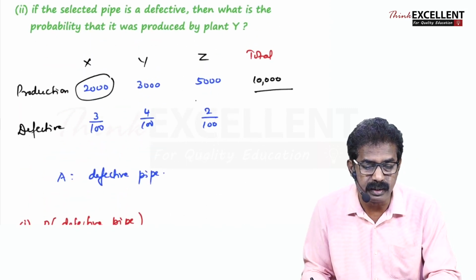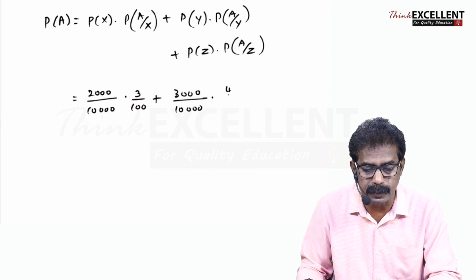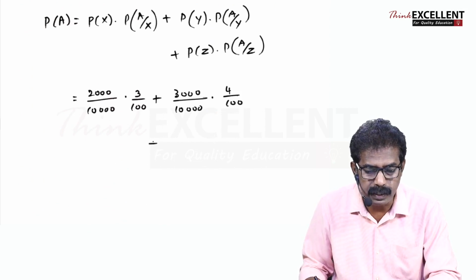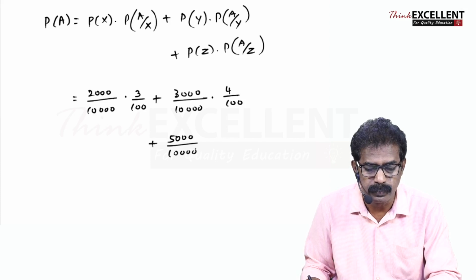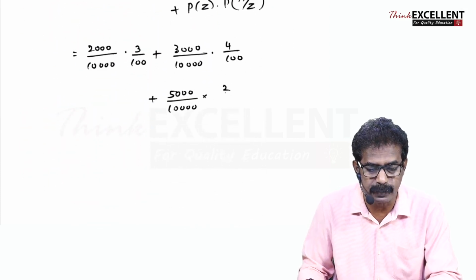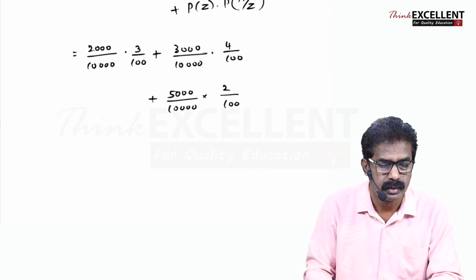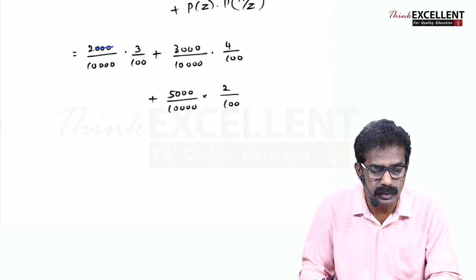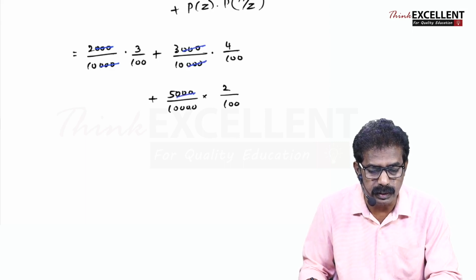And which produces defective is 4%, 4 by 100. Plus P of Z is 5,000 units, right? 5,000 by 10,000. And in which the defective is 2%, 2 by 100. So you have to simplify this. So you cancel 3 zeros, I am cancelling. Here 3 zeros, here also 3 zeros I am cancelling.